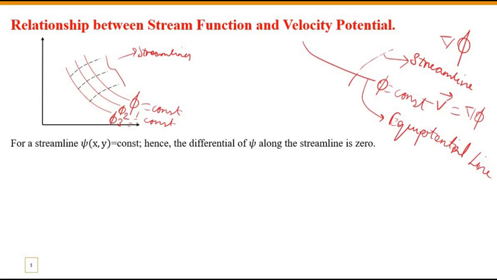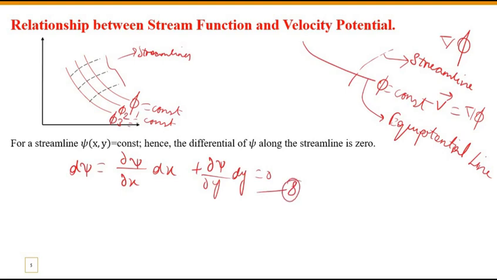So how can I write it mathematically? The differential of psi along the streamline is 0. Can I write it as dou psi by dou x dx plus dou psi by dou y dy is equal to 0, right? So let us say this is our equation 8.